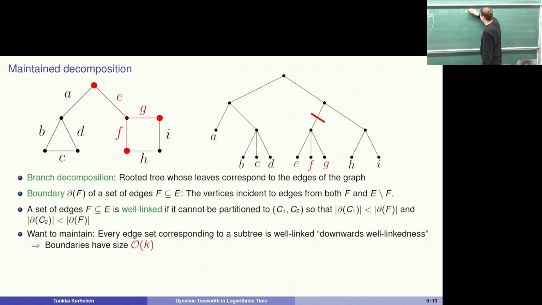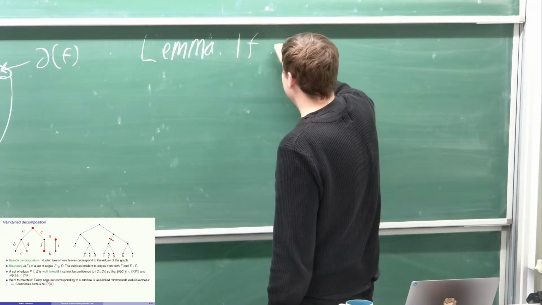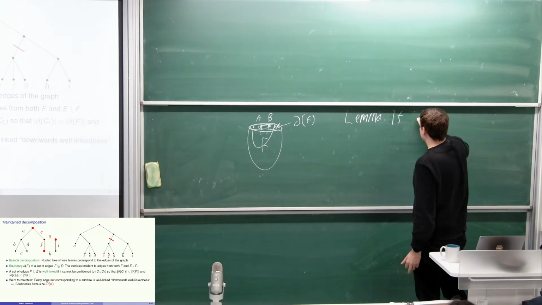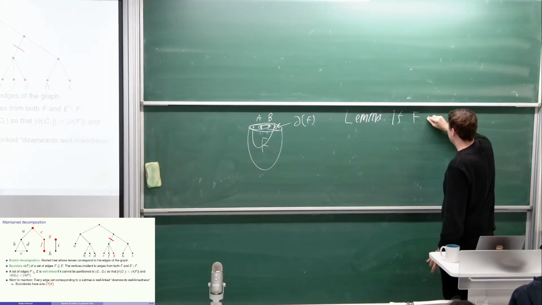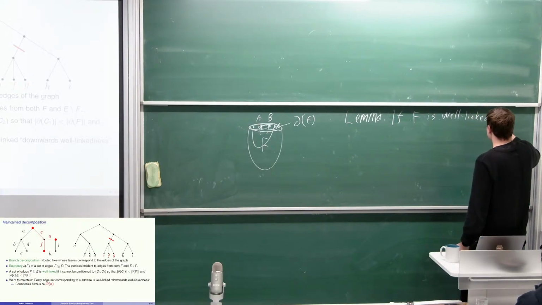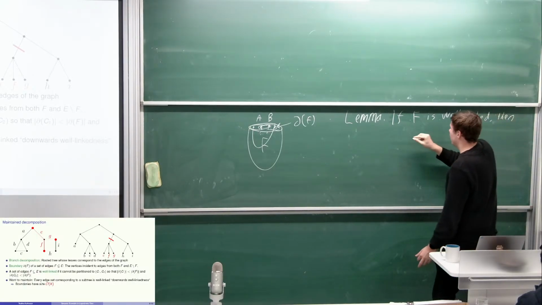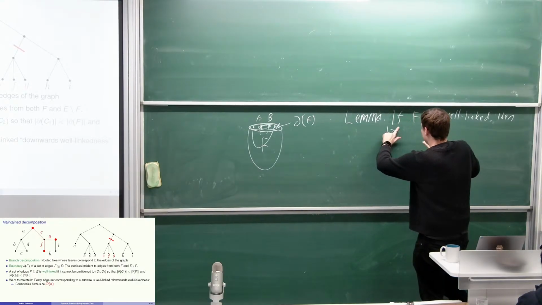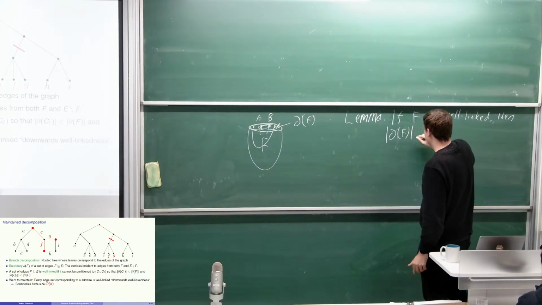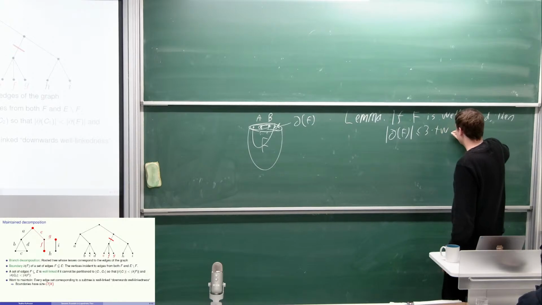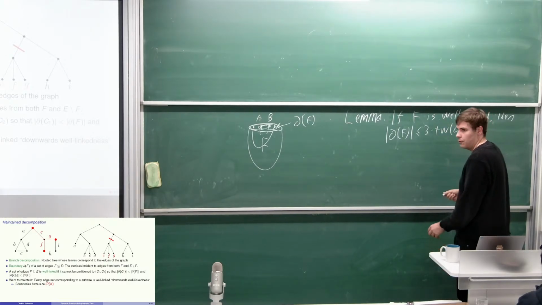Maybe I should write here a lemma: if f is well linked, then the boundary size of f is at most 3 times the treewidth of G plus 2.